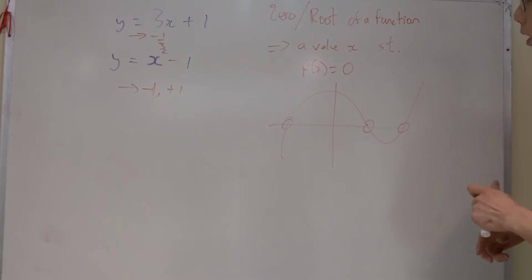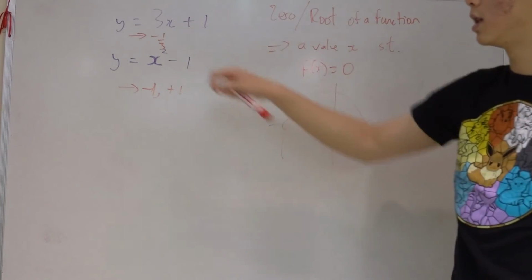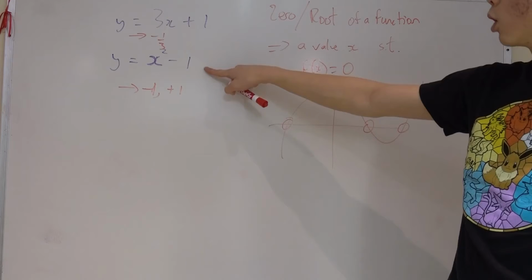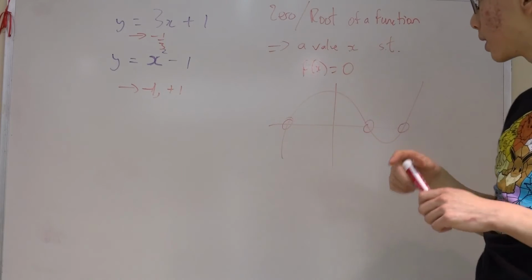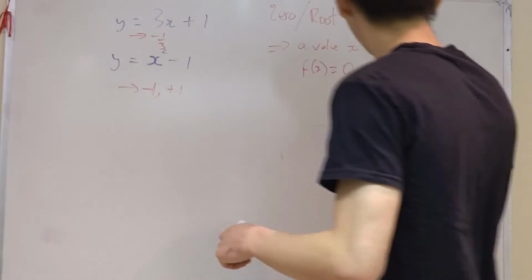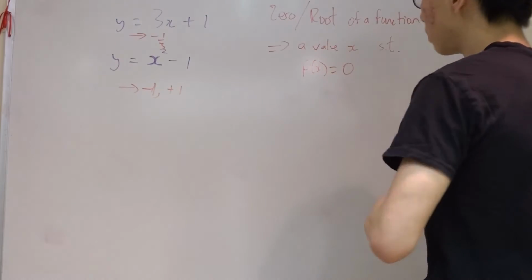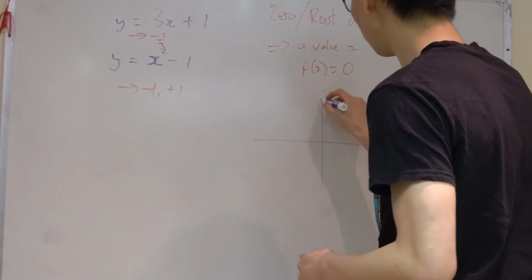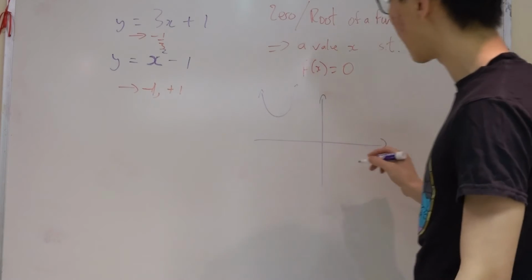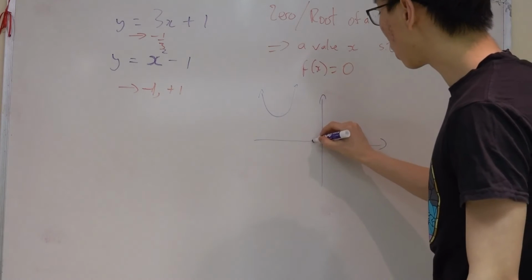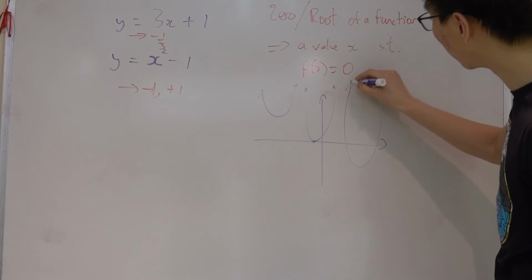Now, what you notice is that given any line, you can only have at most one zero, right? Here I gave you a quadratic, and it has two zeros. And if you just think about the general shape of quadratics and how they can intersect the x-axis, it should be pretty obvious that there are only 3 options. You've gone through this in grade 11. Either it never touches the x-axis, or it touches the x-axis just once, or it crosses the x-axis twice.